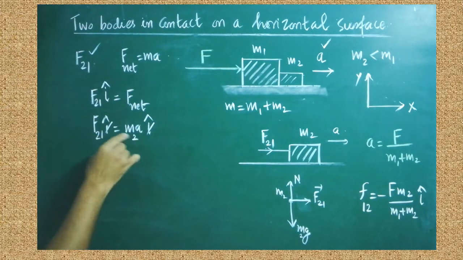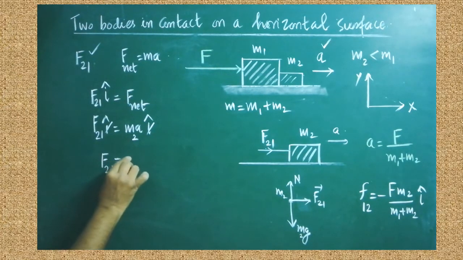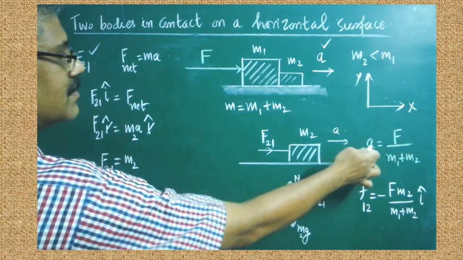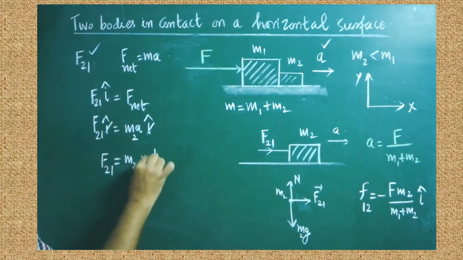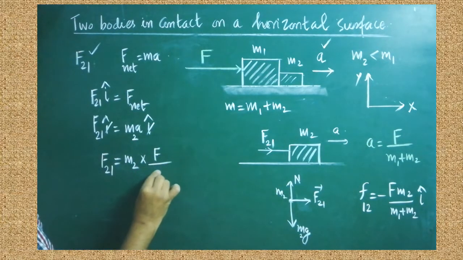Now we will take the components alone. Therefore f21 is equal to m2 times the acceleration. We know the expression for acceleration; substitute here. What is the formula? Already we have calculated the common acceleration formula: F divided by m1 plus m2.